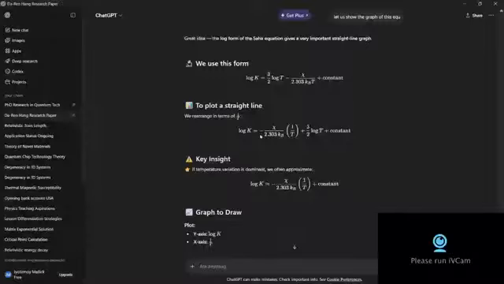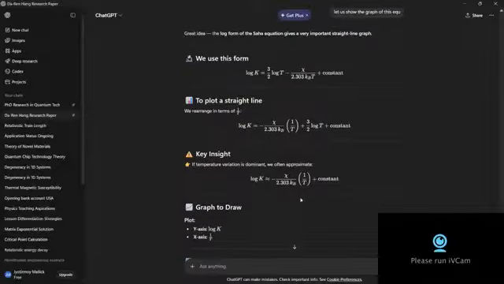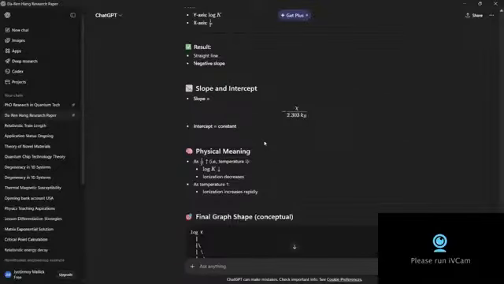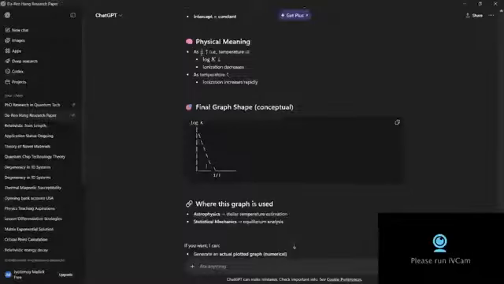Before, it was done by PhD students, but nowadays MSc students also do it. So log equal to chi by kB, 1 by T, plus C. This is the C part, and this is the B part. If you see 1 by T, the graph looks like this.